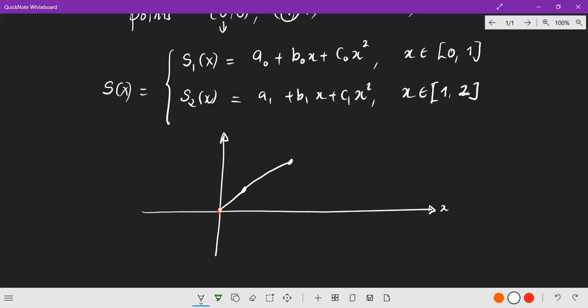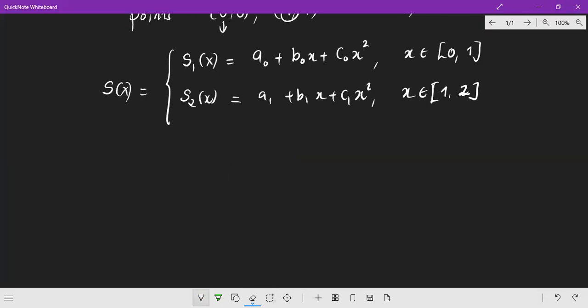Now the first condition, there are a couple of conditions actually. We're going to evaluate this s1 of x at this endpoint, which happens at the value of x equal to 0. So just get the value of x and replace it in the equation. So s1 at x naught should be equal to the function itself at that point. What is f of x naught?